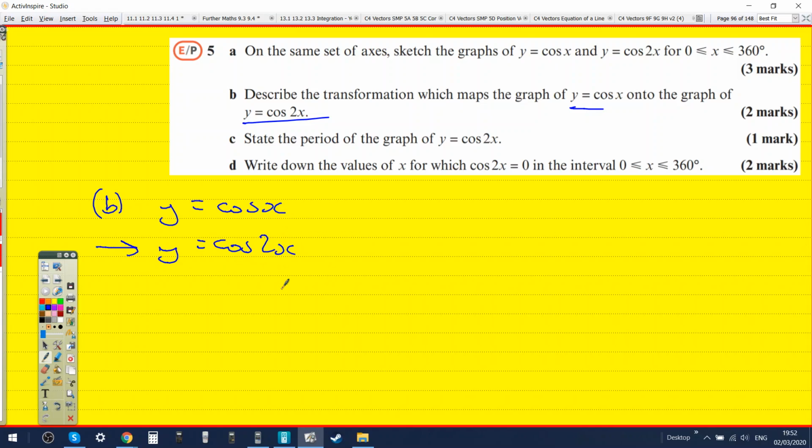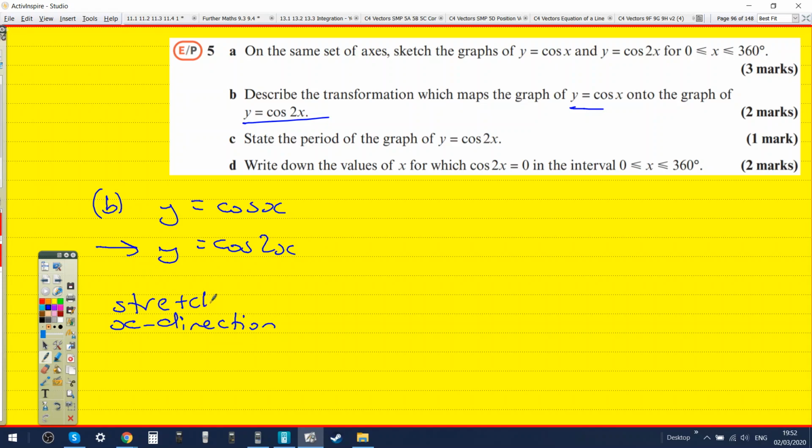It is next to the x. So I'm guessing that means all x coordinates multiplying. Yeah. So it's the x direction. Do you know what the name of the transformation is if it's multiplying? No. That is a stretch.